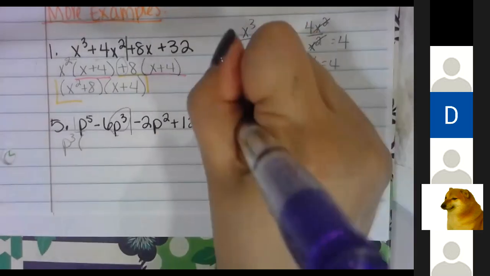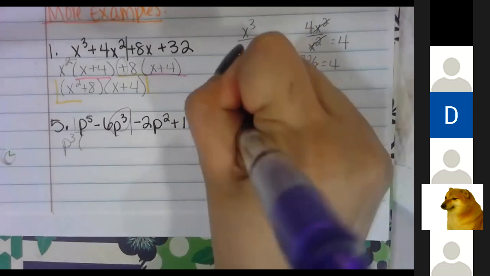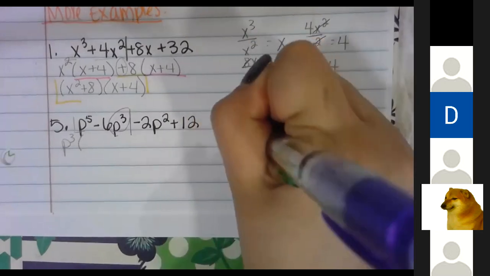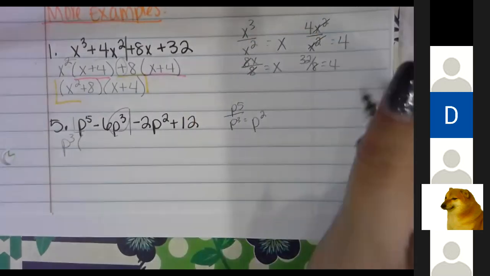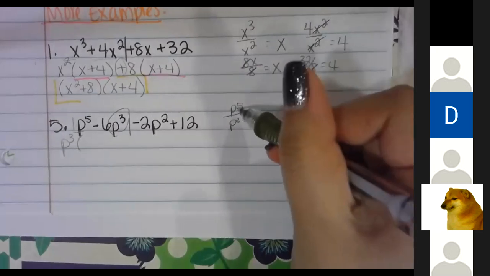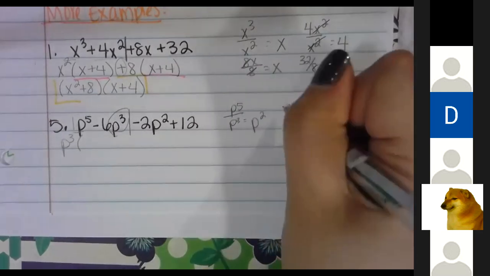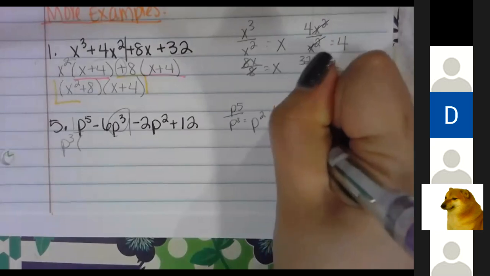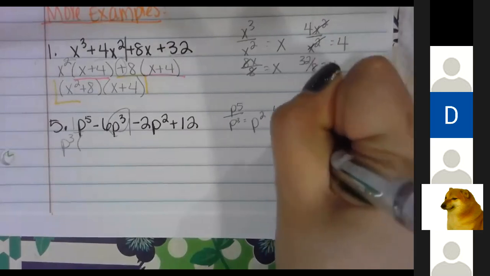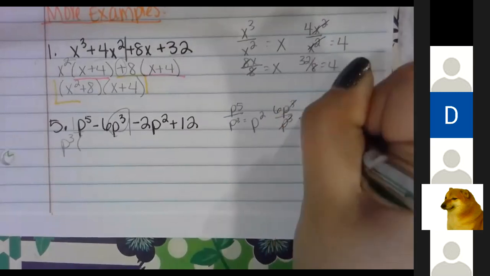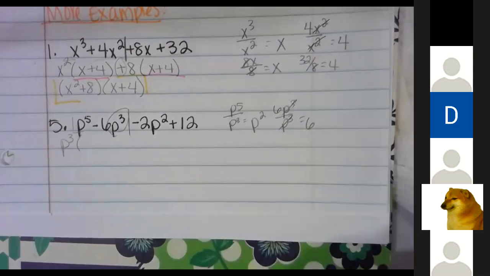And then p to the 5th divided by p cubed is p squared, because remember, that's p to the 5 minus 3, which is just 2. And then 6p cubed divided by p cubed, the p cubes cancel and leave you with just 6.